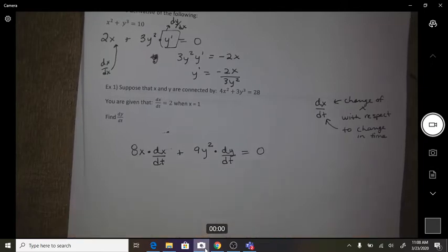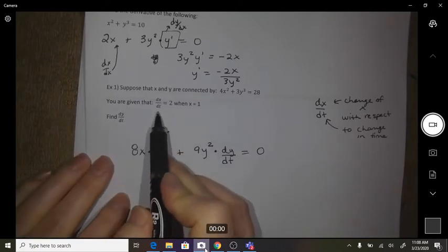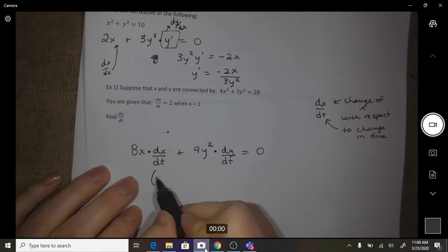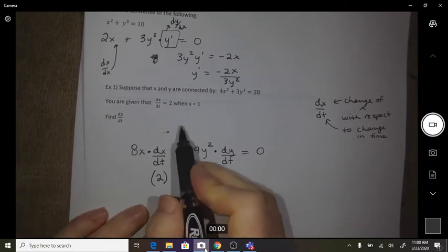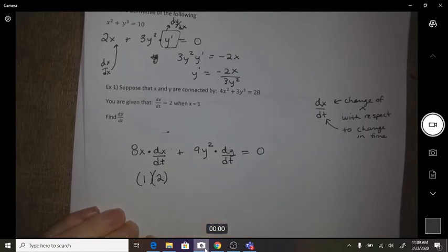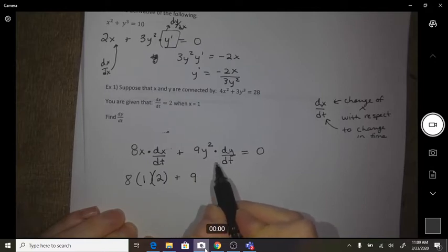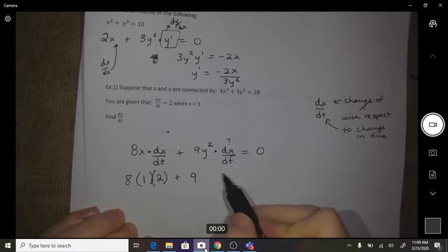Okay, now we're going to fill in what we are given. You are given the change of x over the change of time is 2 when x equals 1. So we've plugged in that. 9y squared, I'm going to have to figure that out. And the change of y over t, I want to know.